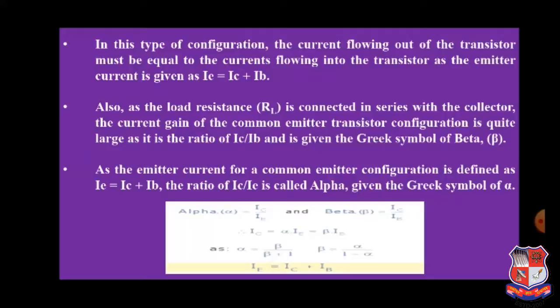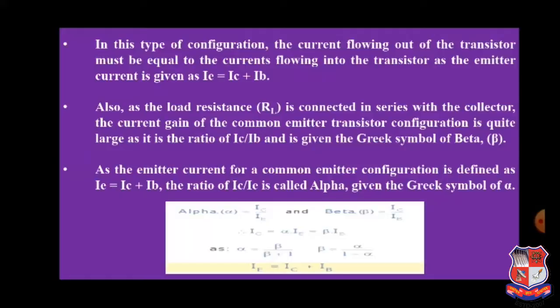So now the remaining one, that means the common collector transistor, we will also consider from the GTU examination point of view, as well as analyze how this circuit behaves when the collector is grounded, and that will be quite interesting to observe.